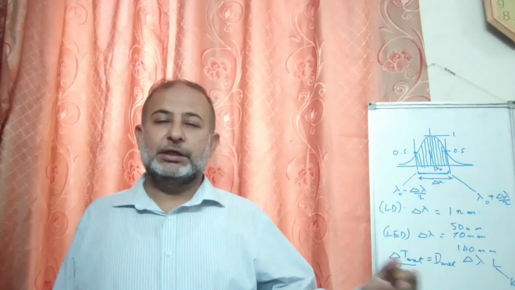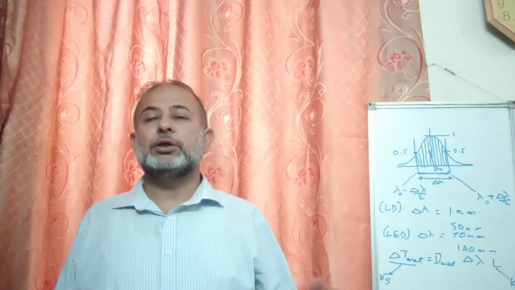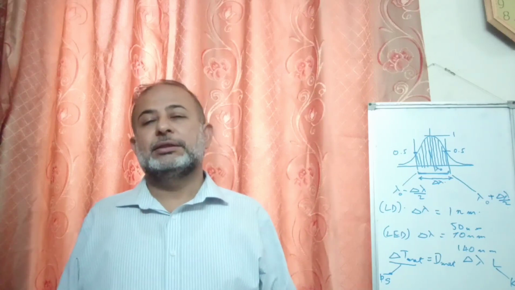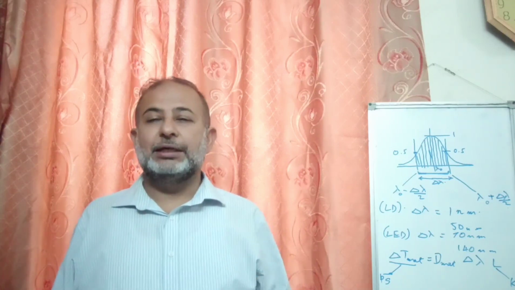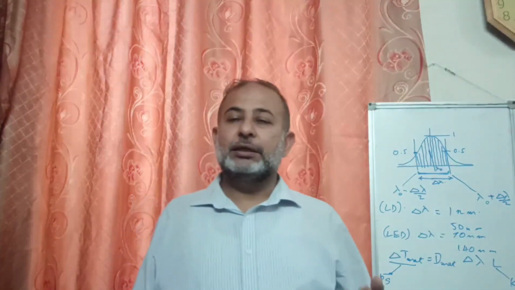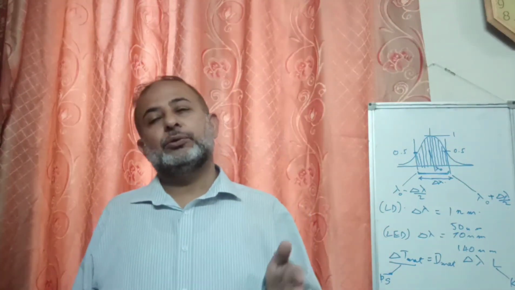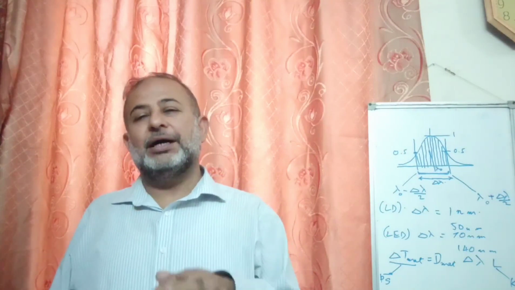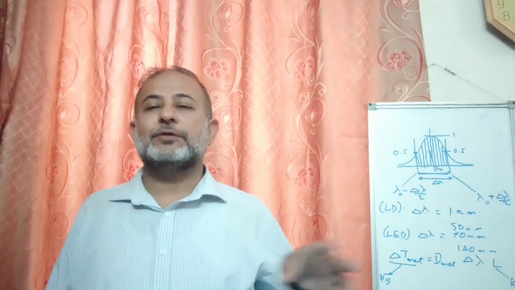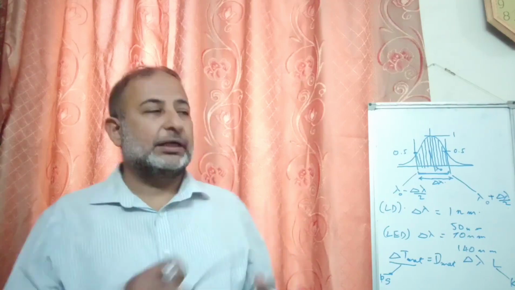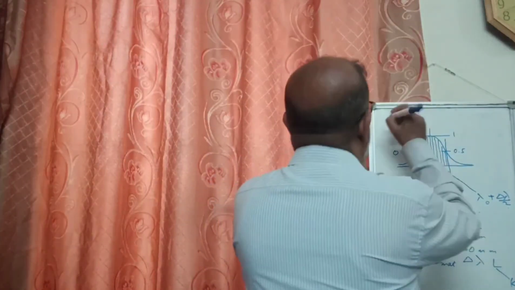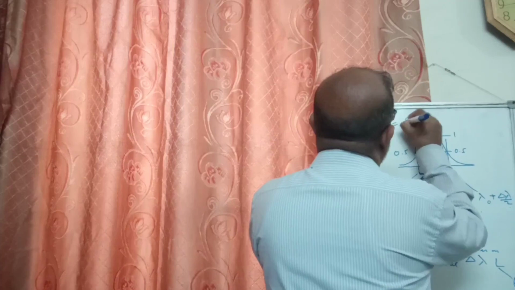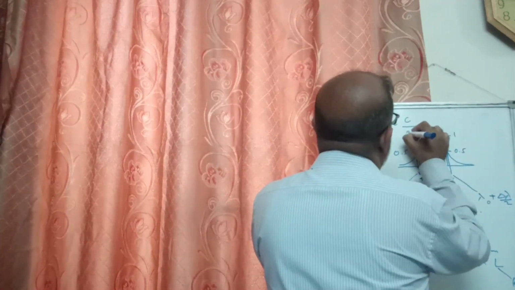Simply, we can come to this conclusion from the formula that the speed of light in a certain medium is equal to the speed of light in free space divided by the refractive index of that medium. That is, V is equal to C over N.